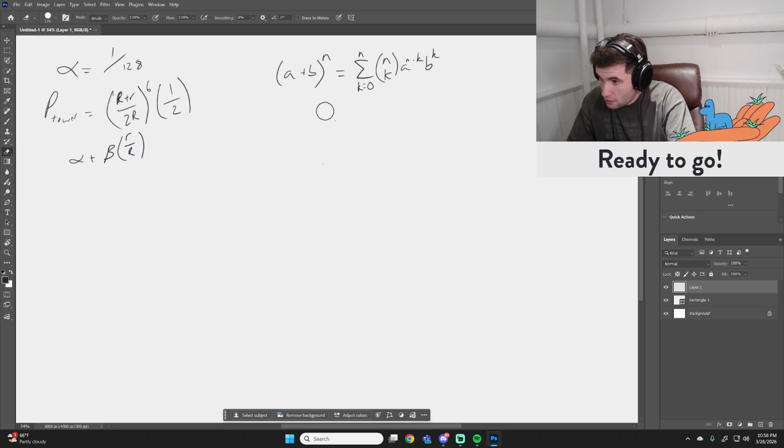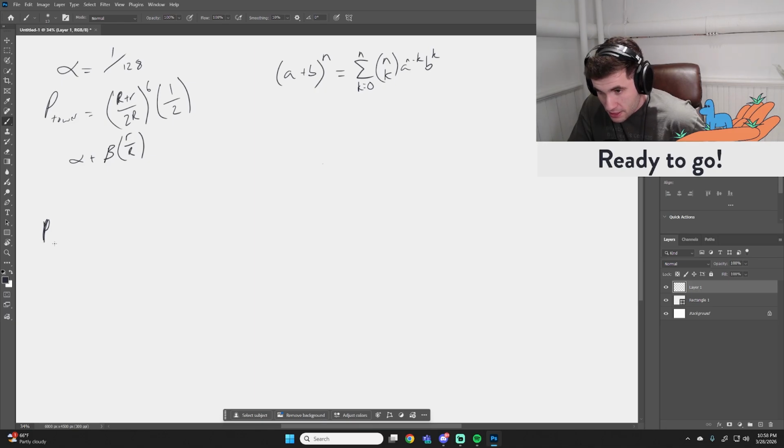So, binomial expansion in this case, let's think about it. Now, I'm not going to rewrite this. I'm just going to take the next step. So the P tower, if you want to call it that, is, let's split up this exponent.